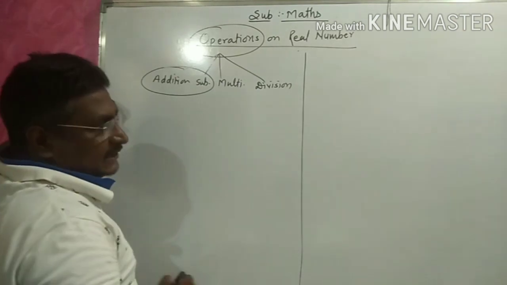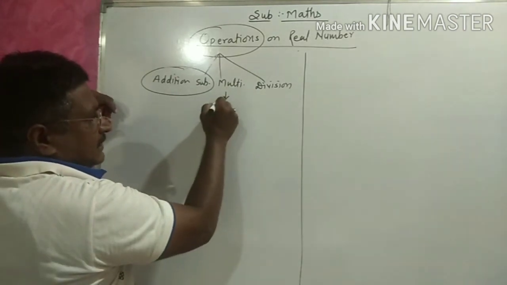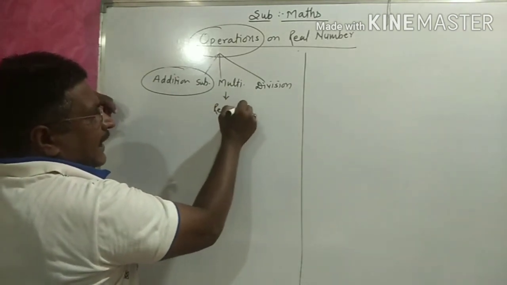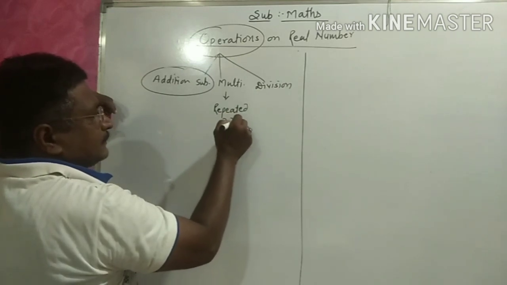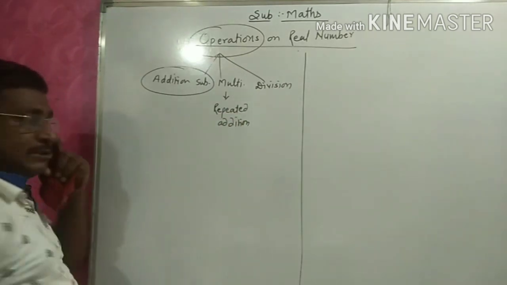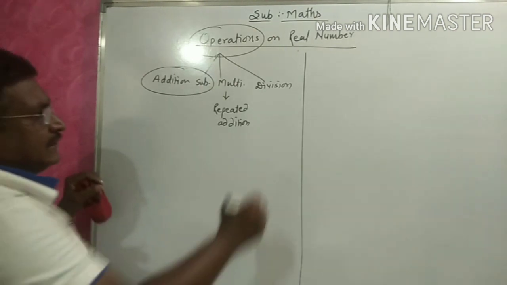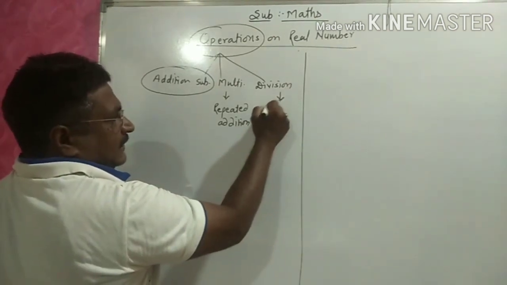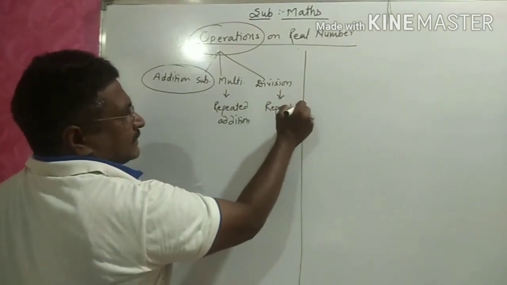Then what are multiplication and division? Multiplication means repeated addition. And what is the meaning of division? Repeated subtraction.